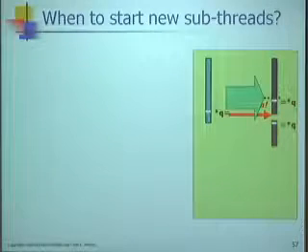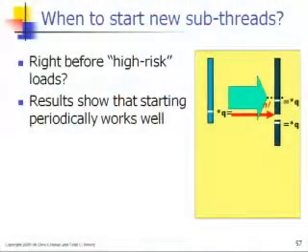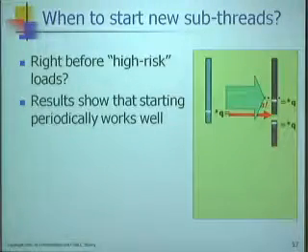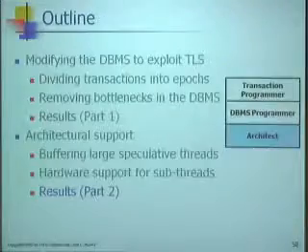So we thought maybe we need to build some predictor to predict which are the risky loads and take the checkpoint just before them. We were excited to write a paper on this brilliant idea. But then we discovered that just doing something very simple-minded works quite well. If you just take a checkpoint every 5,000 instructions, it works really well, just as well as this.